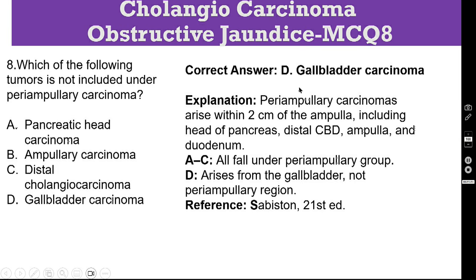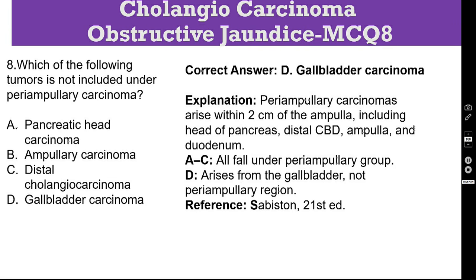So the correct answer is D. Gallbladder carcinoma. Periampullary carcinomas arise within 2 cm of the ampulla, including head of the pancreas, distal CBD, ampulla, and duodenum. So gallbladder is far away from this region, so it is not part of periampullary carcinoma.